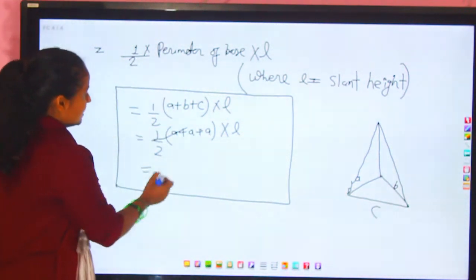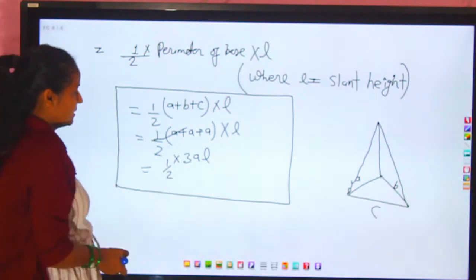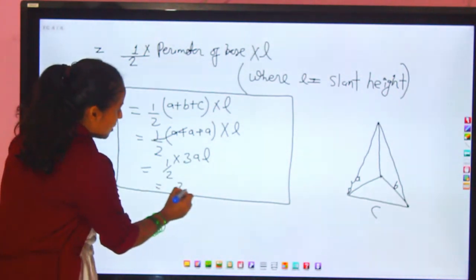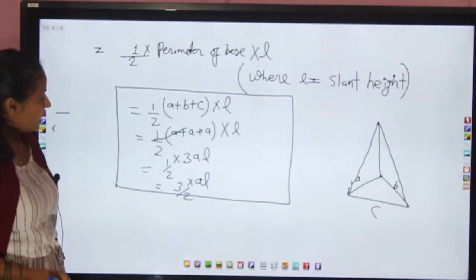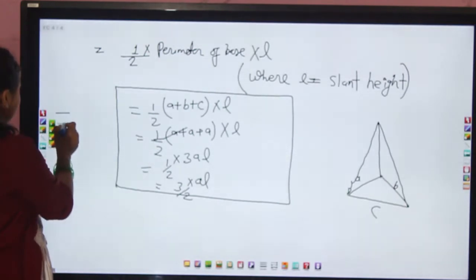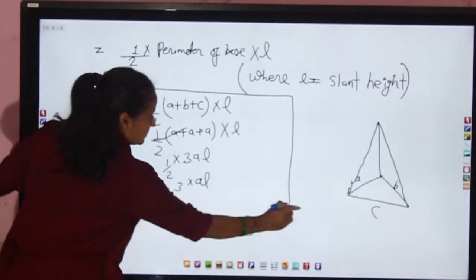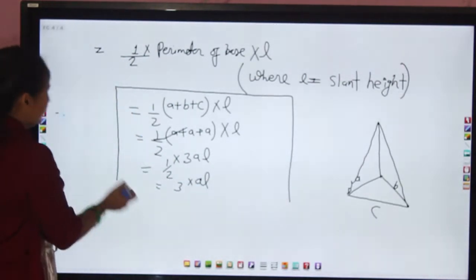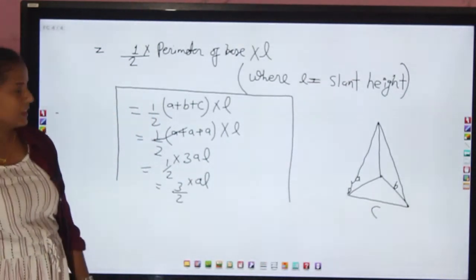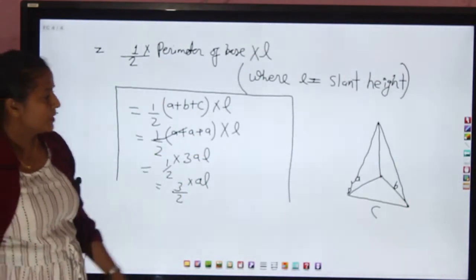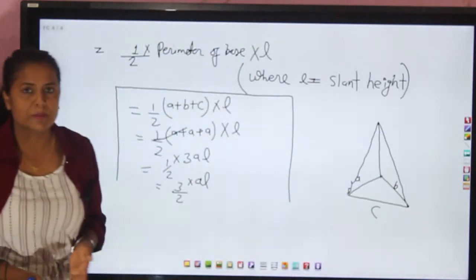Then 1/2 into 3AL, that means 3/2 AL. What do we mean by 3 here? 3 represents the number of sides of the base, okay.